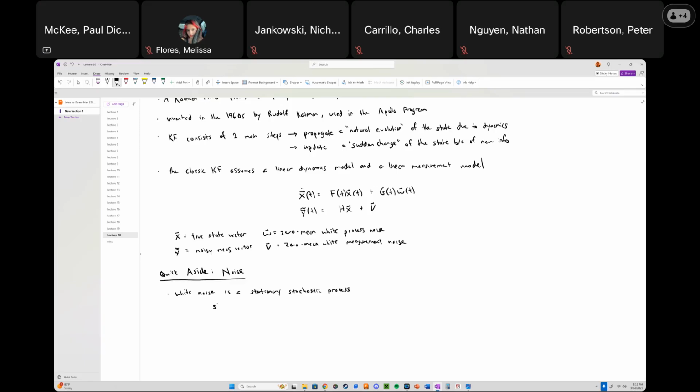Where by stochastic, I mean evolves randomly over time. But then by stationary, I mean that the probability distribution does not change. Or we could say is invariant to time.